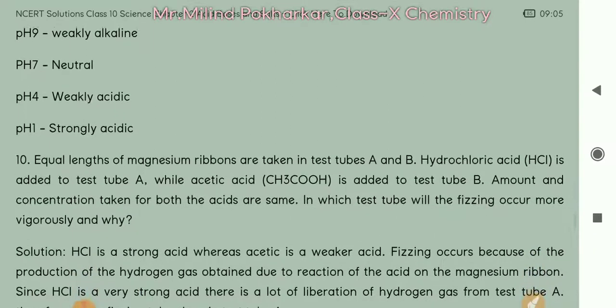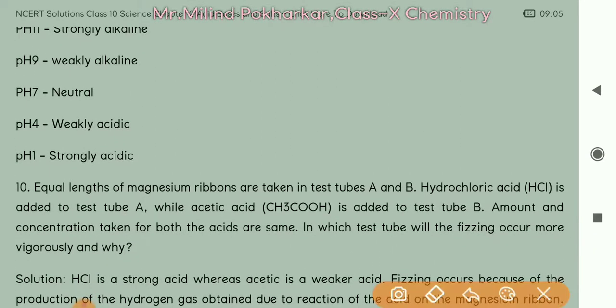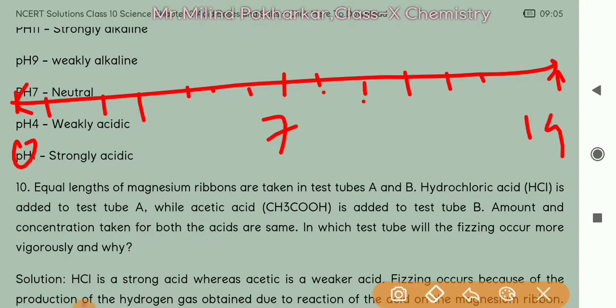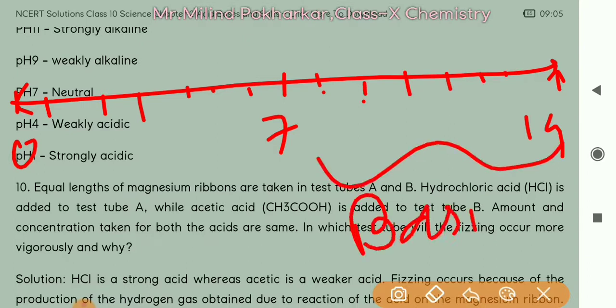Okay, so I'll just try to give you the idea: here is the 7, here is the 0, and here is the 14. So 0, 1, 2, 3, 4, 5, 6 and 7, 8, 9, 10, 11, 12, 13 and 14. So this is basic. As we go from 7 to 14, the basic characteristics increase.